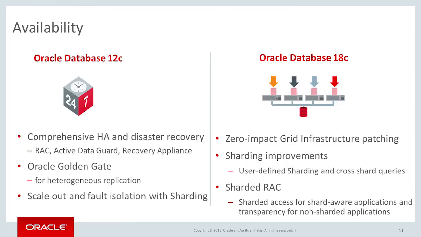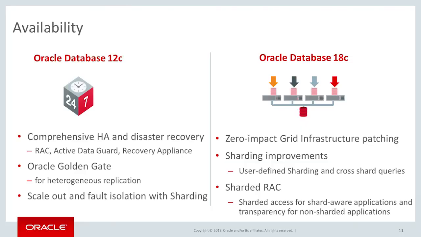And then, as I mentioned earlier, when we introduced sharding with Oracle Database 12c, we introduced full isolation on a global scale. We continue to enhance our high availability capability with Oracle Database 18c. For example, for customers on a Real Application Cluster environment, we can now do zero impact grid infrastructure patching. So when it comes time to upgrade the underlying infrastructure that underpins those Real Application Clusters environments, we can do that on a server by server basis.